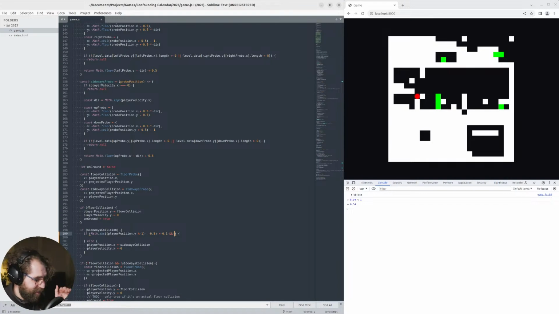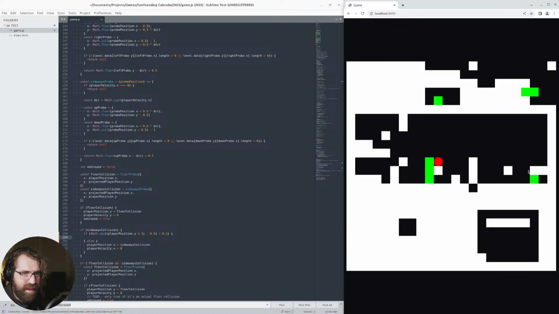So if we're in the middle, in fact, I might just log that for now. In fact, if I just detect that, I need to detect that and probe the thing. This will be interesting to see what happens actually. If I just detect that, I think I'll be able to embed myself into blocks if I'm in the middle of them, but not if I'm at the edge of them.